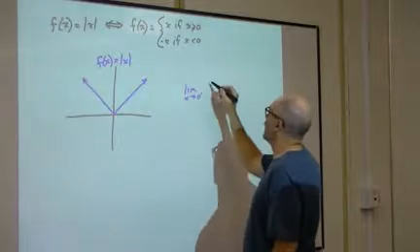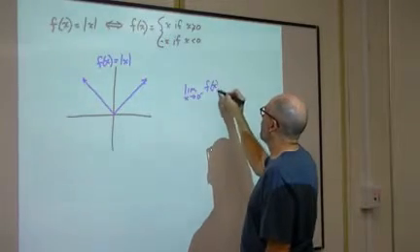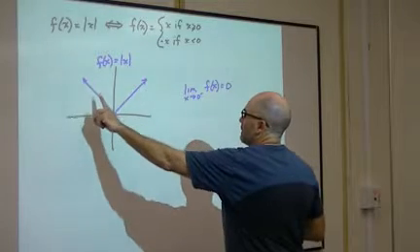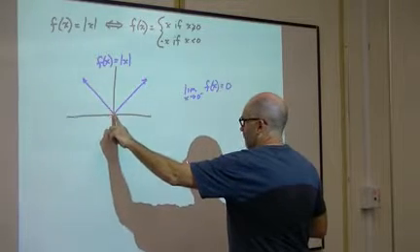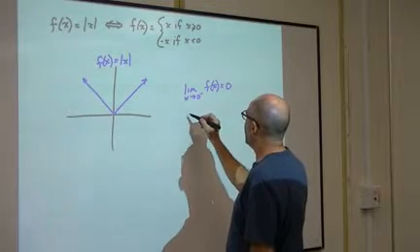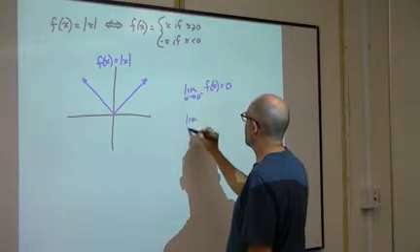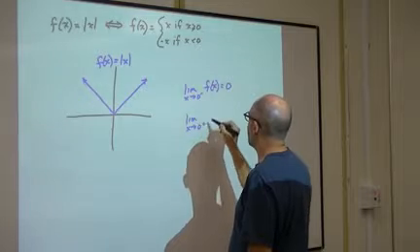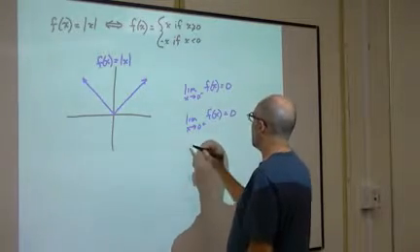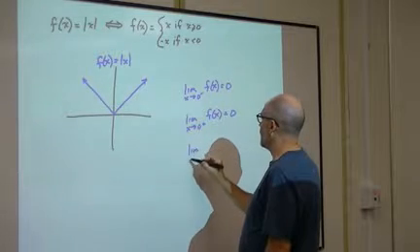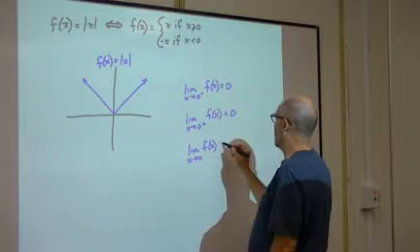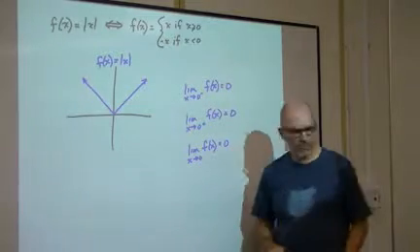So the limit as x approaches 0 from the left equals 0, because as I'm coming from the left, I'm getting closer and closer to y equals 0. And the limit as x approaches 0 from the right also equals 0. Therefore, the limit as x approaches 0 of f of x equals 0.